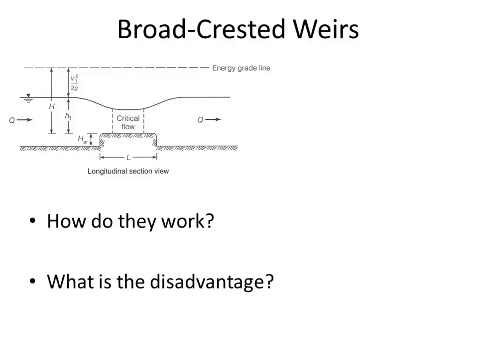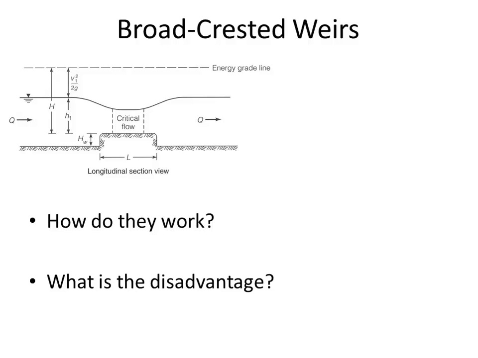And so this is a flow measurement device, and the disadvantage of it, as I mentioned in the previous slide, is that trash can accumulate downstream, and you force the flow to go critical over the broad-crested weir, and that can be unstable. The disadvantages of the instability we'll get into a little bit later in the semester. Also, it's not convenient to raise and lower the height of the weir.